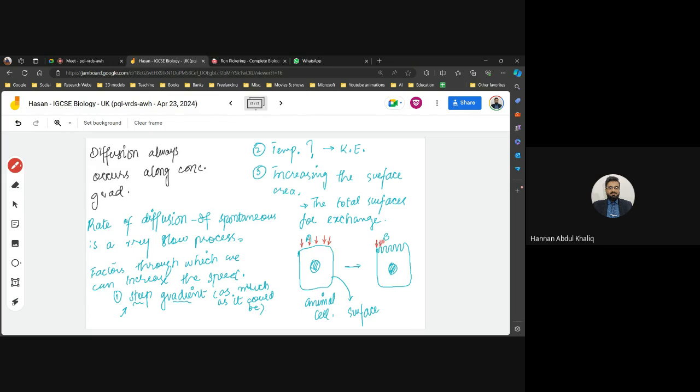In this you have all small crevices available for exchange. You can easily exchange different things from here. So the larger the surface area, the higher the rate of diffusion. I'll put this into perspective when I explain the examples of diffusion.